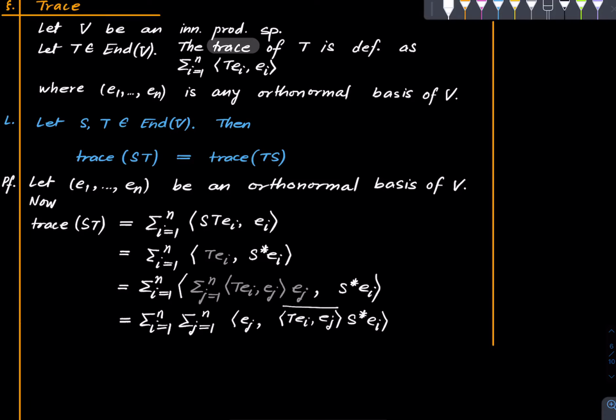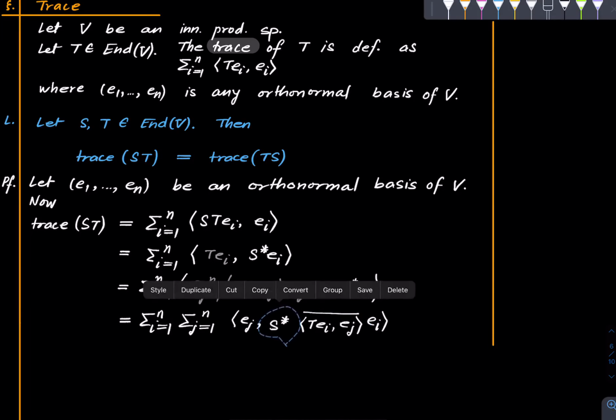And now use linearity of S star. So using linearity of S star, we can further manipulate this. All right, nothing much has happened. And now the summation over i we will push inside.